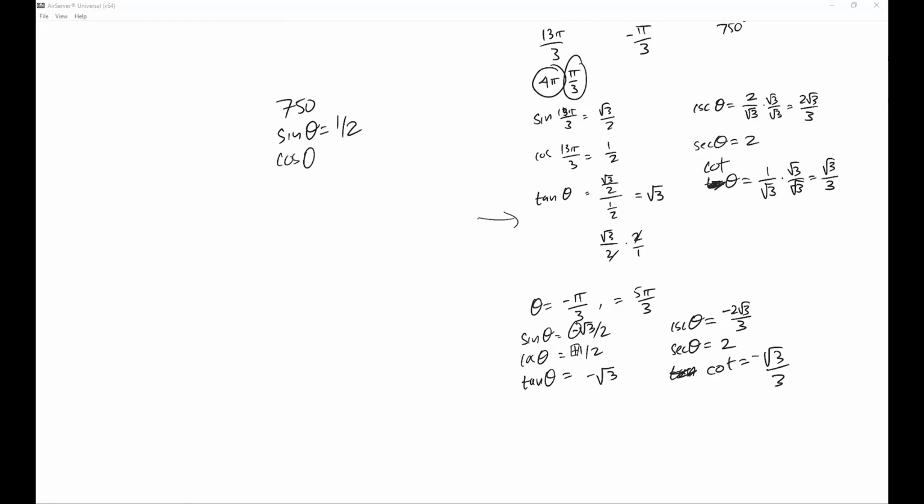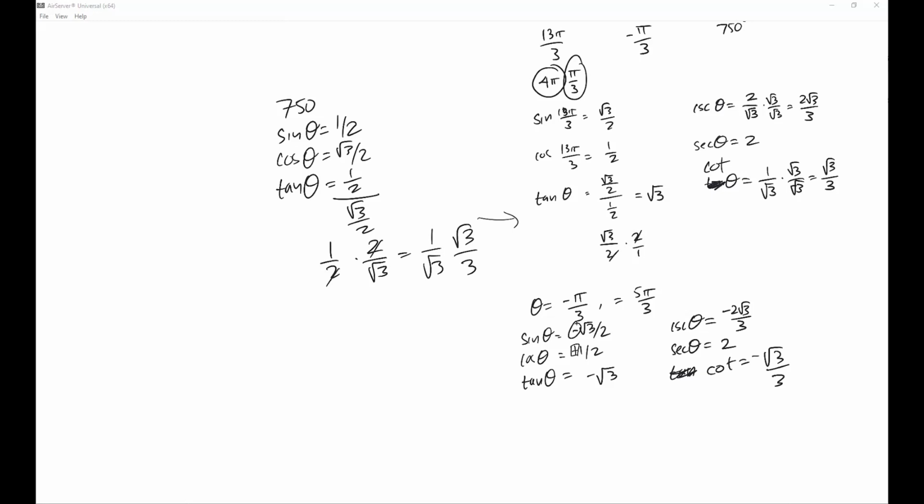Cosine of theta is equal to radical 3 over 2. Tangent of theta is equal to 1/2 divided by radical 3 over 2. If you multiply this out, cancel, it'll be 1 over radical 3, which is radical 3 over 3. Okay?